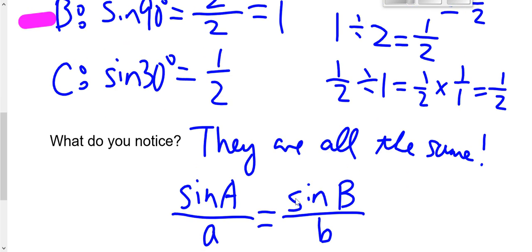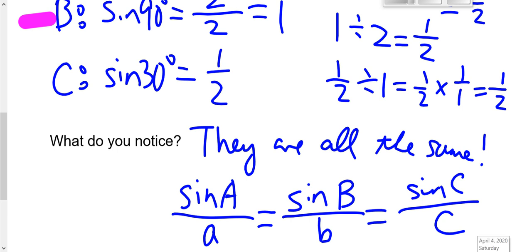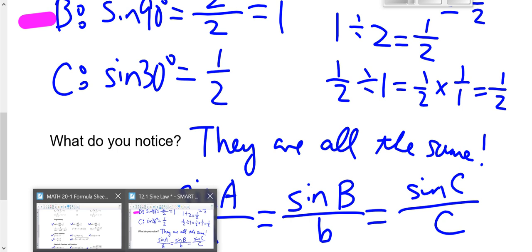Same thing here, angle C. If you take the sine of that, divided by the length of the side opposite to that, they're all the same. So if you look at this, we have the sine law.